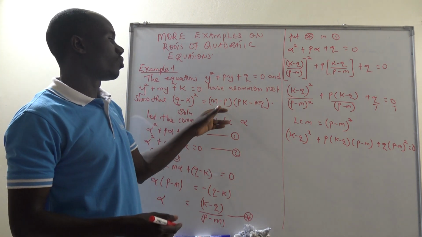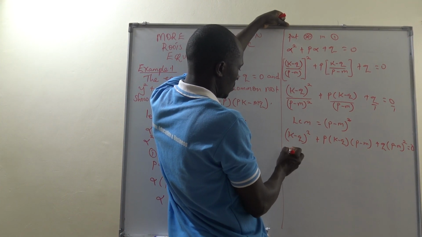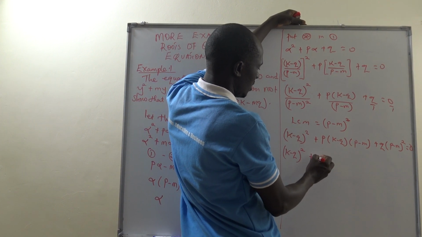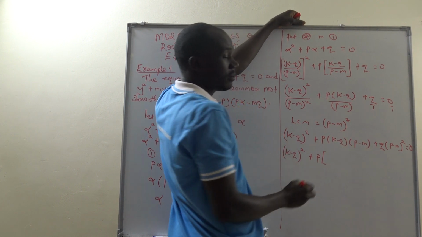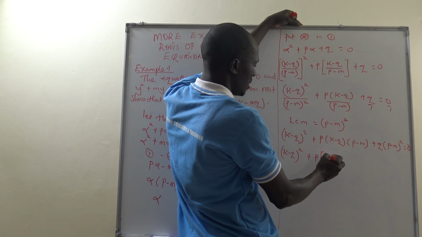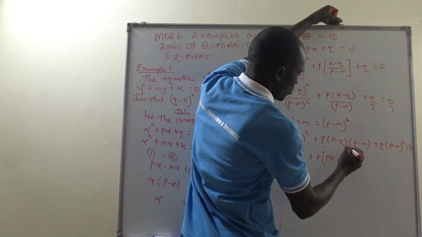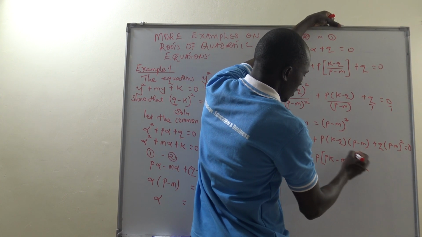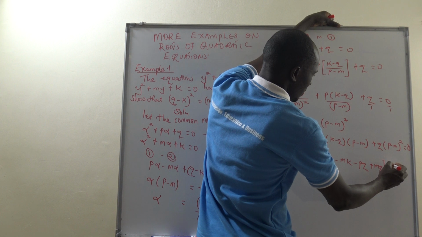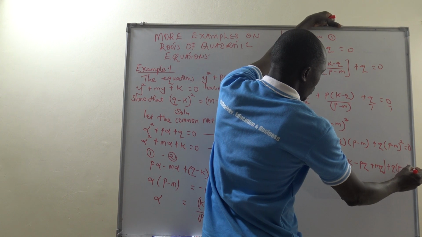Our interest is to come out with this. So I'm having k minus q, the whole of it squared, plus p into, we are free now to open the brackets here: k times p, I get pk, k times m, I get minus mk, q times p, I say minus pq, a negative times a negative, I say plus mq, plus q into p minus m, the whole of it squared equals 0.